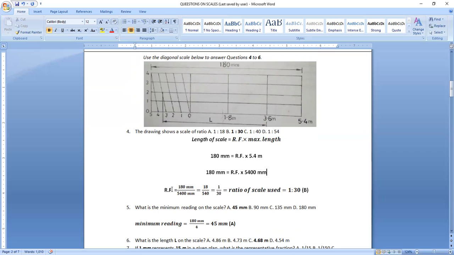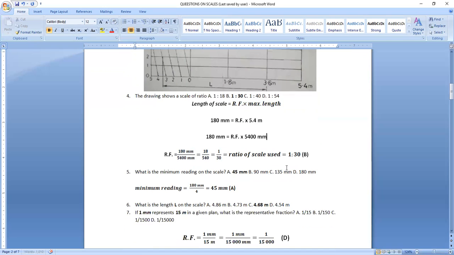Therefore, RF is equal to 180 millimeters over 5,400 millimeters. As I said, the units must be the same, which is what I did to get this 5,400. At the end, the ratio of scale used is 1:30, which makes option B the right answer.